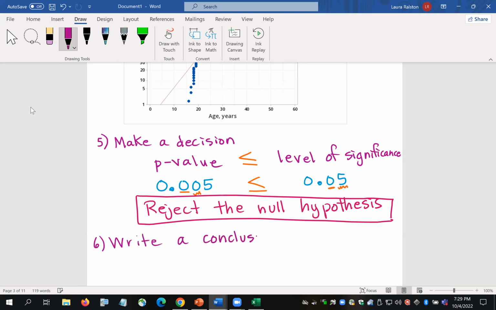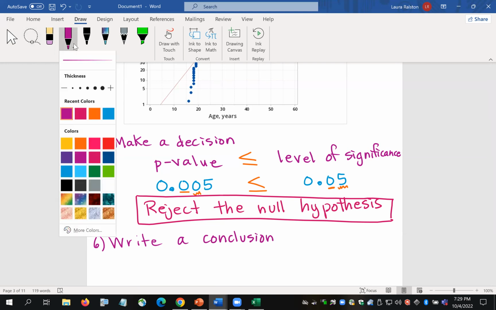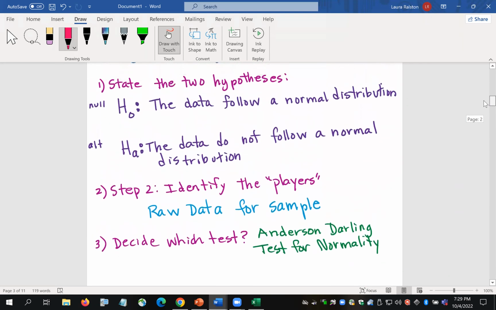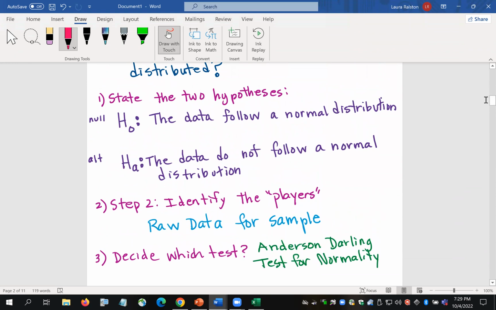Now, let's backtrack for just a minute. We have made the decision that we are going to reject the null. Okay, so let me go back up here to where I stated my null and my alternative. We are rejecting the null. If you reject the null, that means this statement is false or wrong.